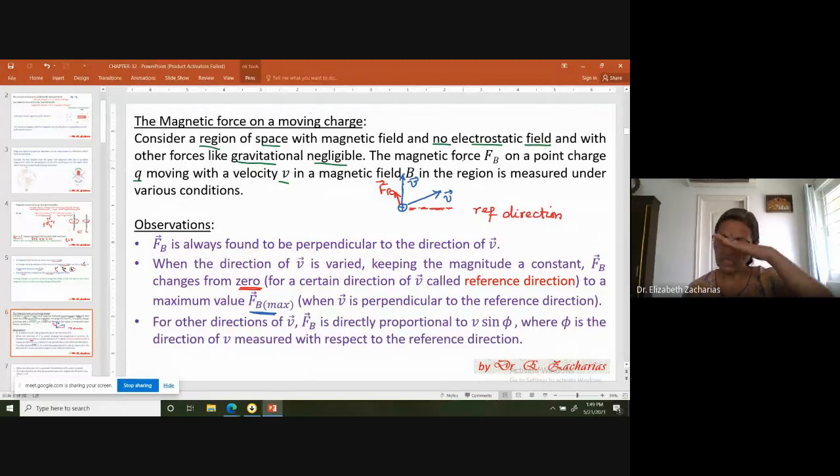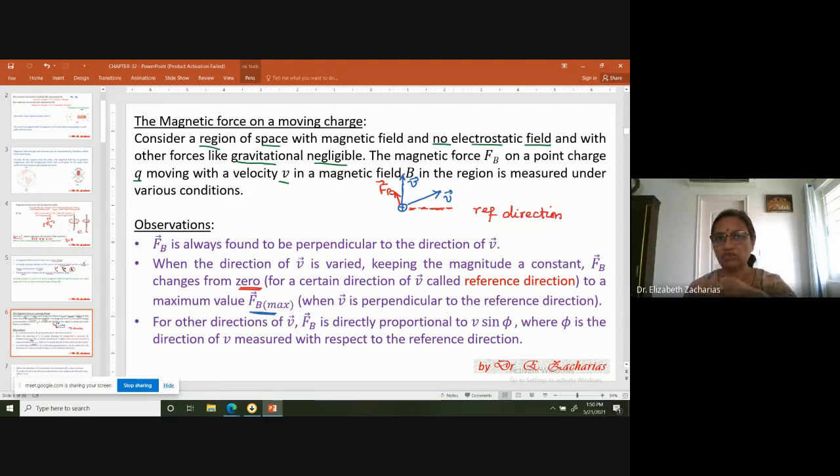The second thing is keep the speed the same and keep changing the direction. You find that for a certain direction of velocity, the magnetic force is zero, and for a direction which is exactly perpendicular, the magnetic force is a maximum. So the force is perpendicular to the velocity, but the magnitude of the force depends on the direction.